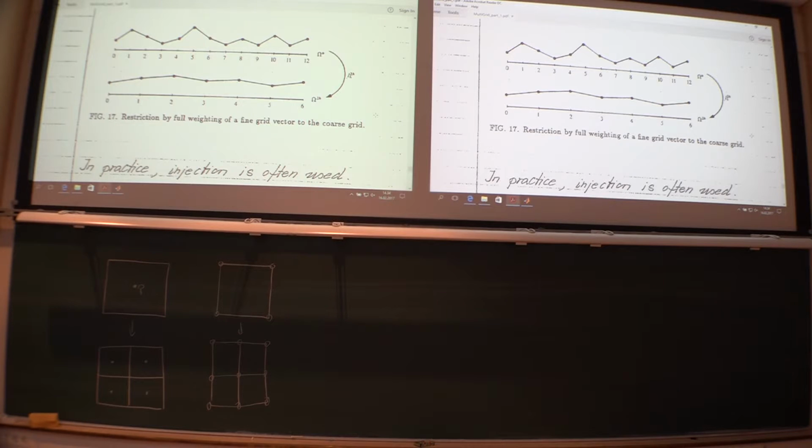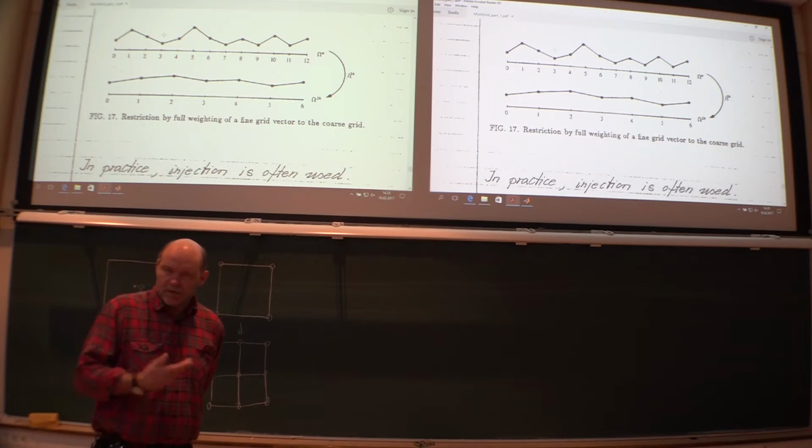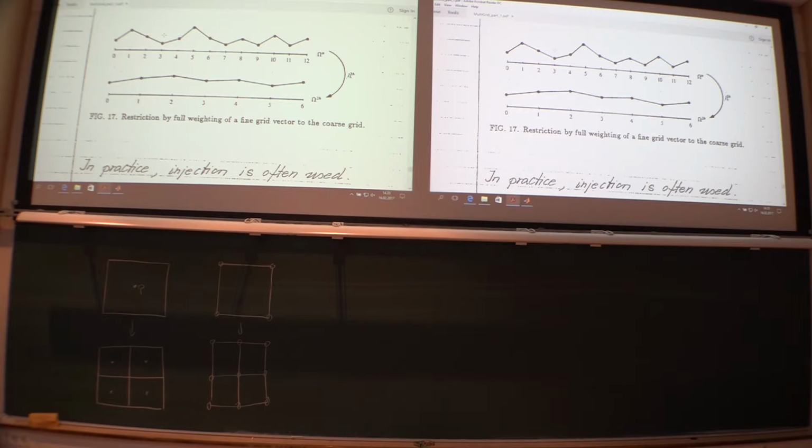So normally what you do, going from fine to coarse, you only take every second point and represent it down here. Doing this full weighting, yes, it's possible, but it's a little bit dangerous. You have some sort of artificial smearing out of this original signal that you have here. Remember, this signal has to be represented as good as possible on the coarse mesh. So you shouldn't destroy it just during the intergrid transfer.